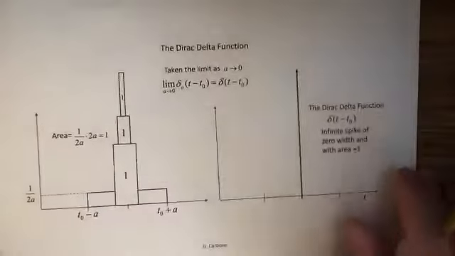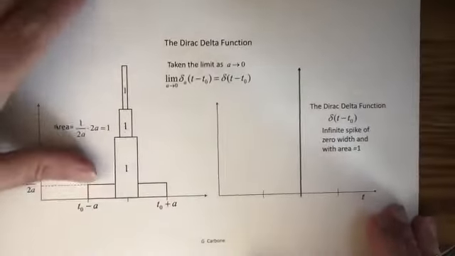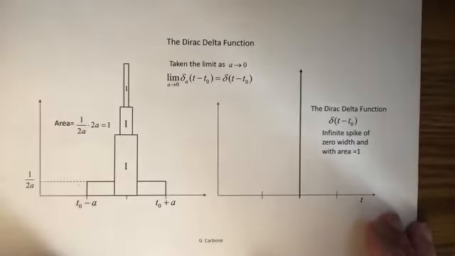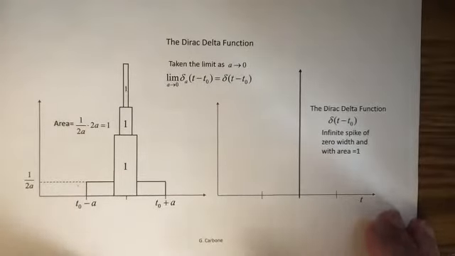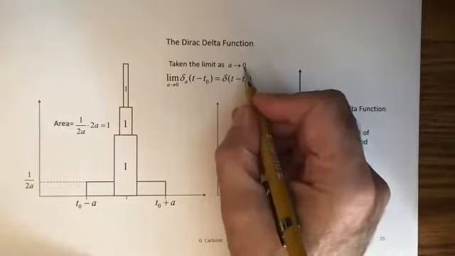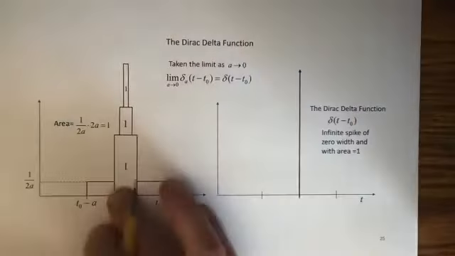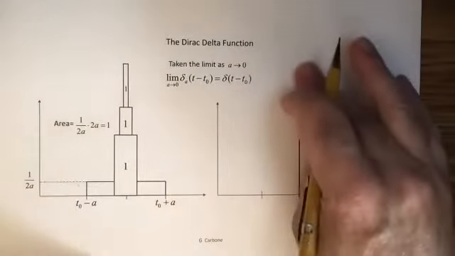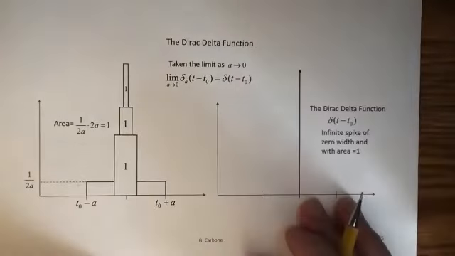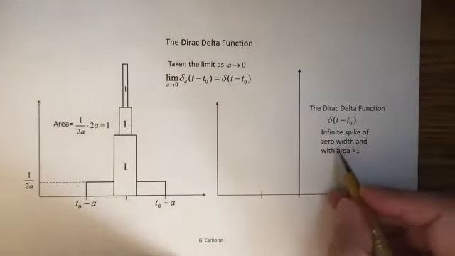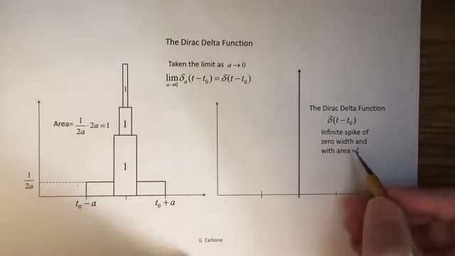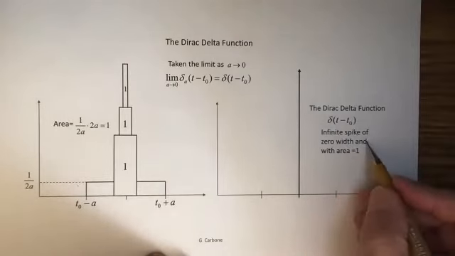So anyway, what happens? Now I'm trying to give you a pictorial of what the Dirac delta function is all about. If I take the limit as a goes to 0, what I get is a spike. We get a spike of 0 width and an infinite height.